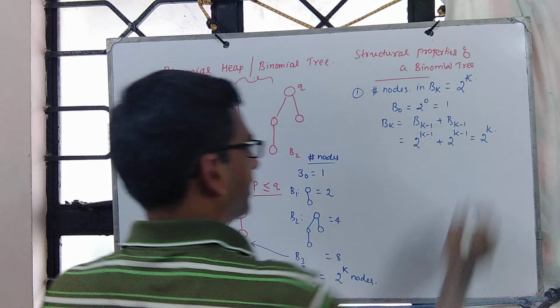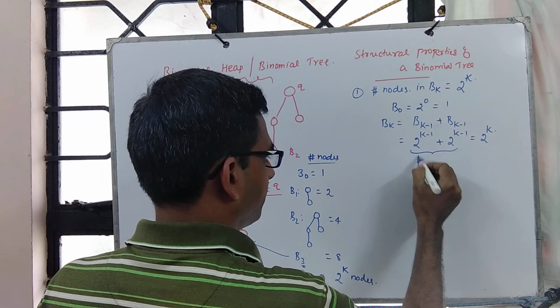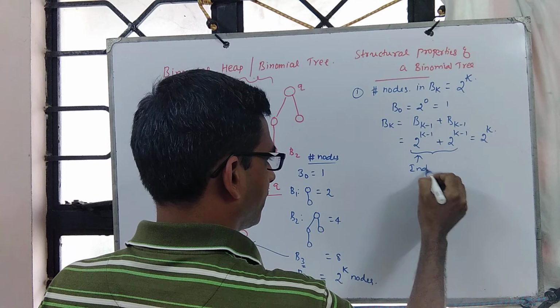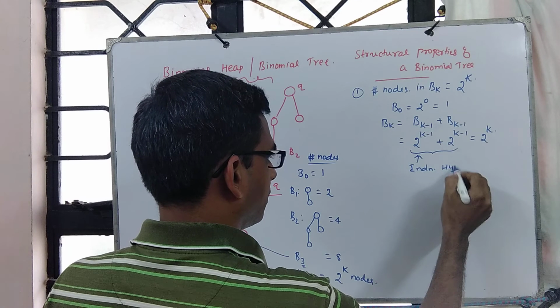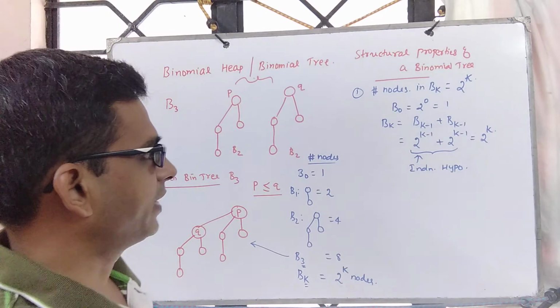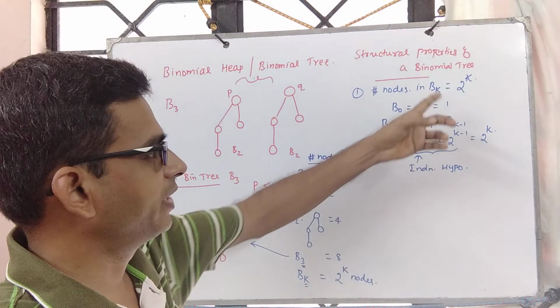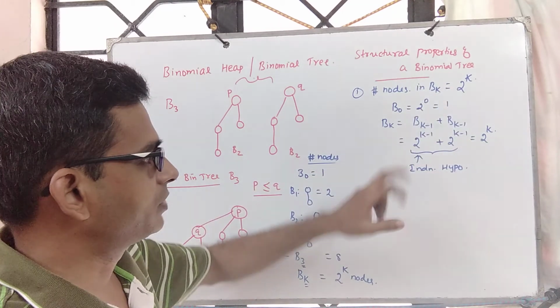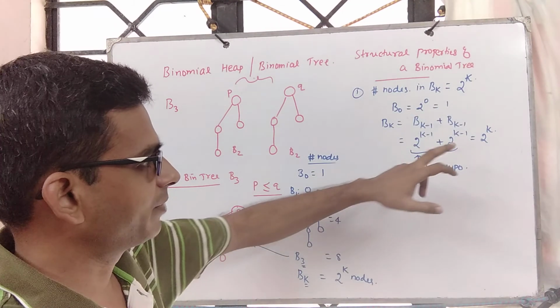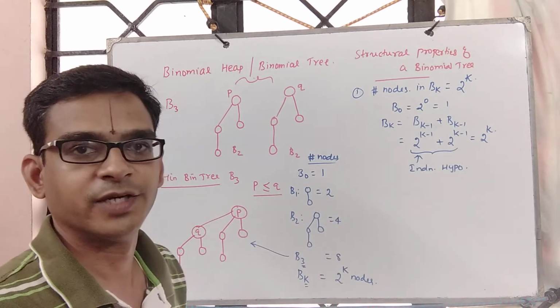The induction hypothesis says a smaller tree, say Bl, has 2 power l nodes. If it is k minus 1, then 2 power k minus 1. This is also 2 power k minus 1, therefore we get 2 power k nodes.